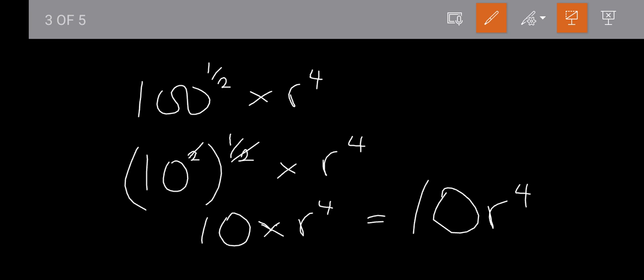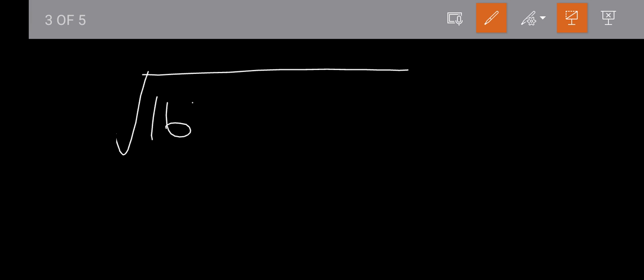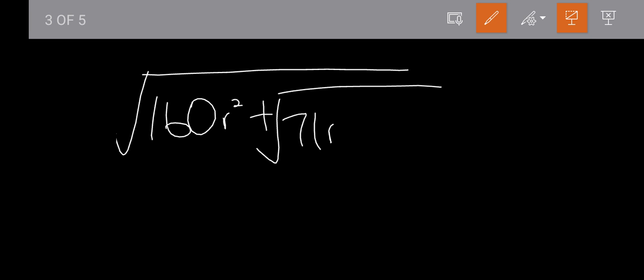We still have the one of the 71 r raised to power 4 as well. So we're going to have now 160 r raised to power 2 plus 71 r raised to power 4 plus 10 r raised to power 4.